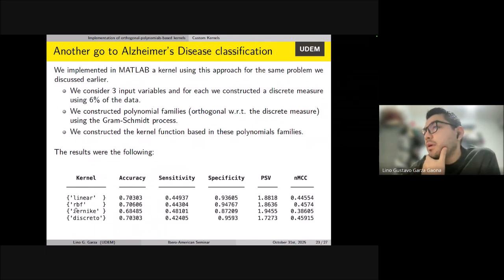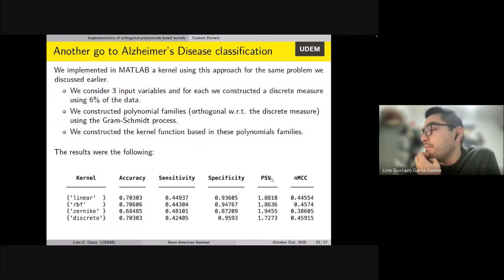Now the results were a little bit better. Here, I only left the radial basis, the linear kernel, and the Cernic, which I call discreto because it was based on a discrete measure. We can see that the accuracy improved. The sensitivity was the lowest, but the specificity was greater.